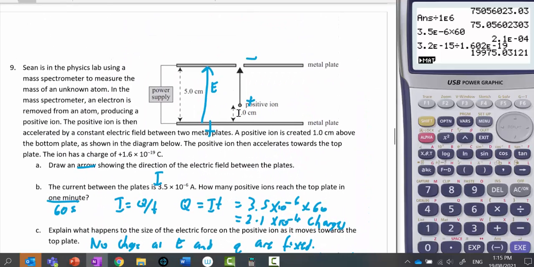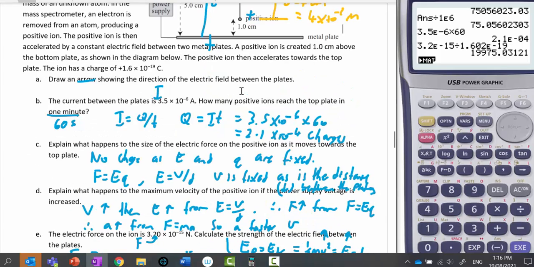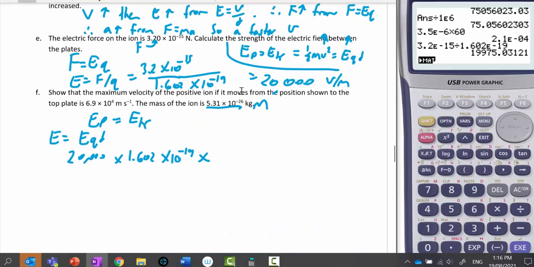That distance there is going to equal 4 centimeters, or 4 times 10 to the minus 2 meters. That's how far it can move. It's attracted upwards, and so that distance is the 4 times 10 to the minus 2 meters, which will give us our energy.